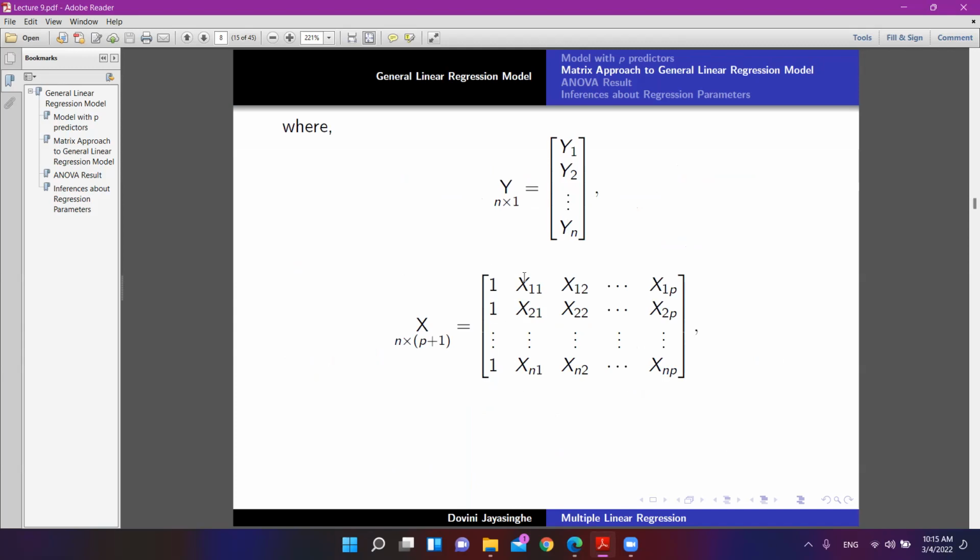The column of ones and the values of the only predictor variable that we had. Here we have p predictor variables, so we should have p+1 columns here. P columns for all the predictors and another additional column of ones. So in multiple linear regression, this is the difference when constructing the design or the data matrix.